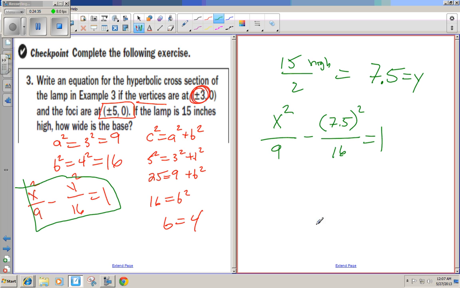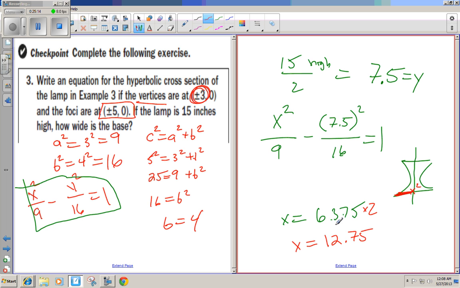And when you work all of this out, you should end up with that the entire base, we'll say that the x is approximately 6.375. And since this gives us only half of the dimension, you have to multiply it by 2 to get the rest. So x is approximately 12.75 inches.